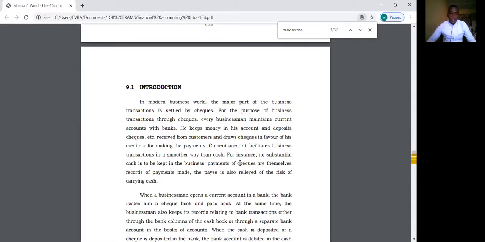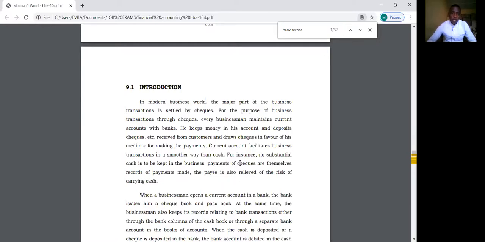In the modern business world, the major part of business transactions is conducted by check. Every businessman maintains a current account with the bank.